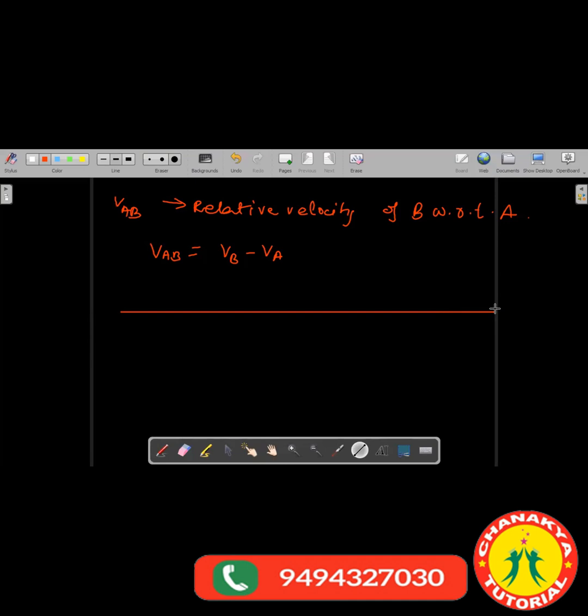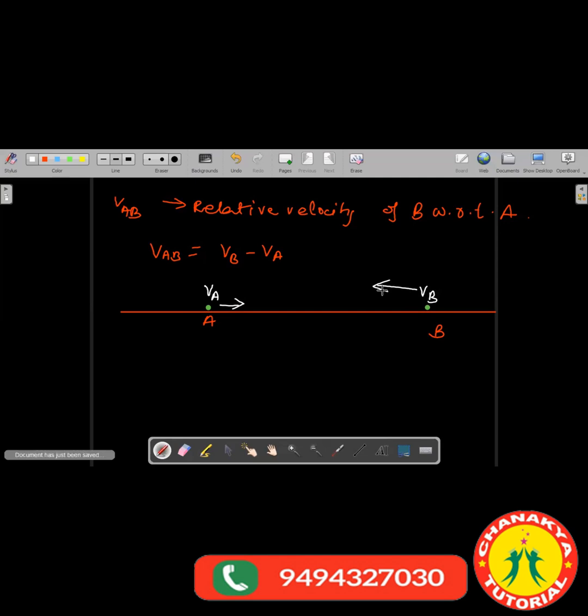Suppose on a straight road, you have two objects. Let's say you have the object A, which is moving towards the right, and you have another object B that is moving towards left. Let VA be the velocity of A with which it is moving in the right direction, and B be moving with the velocity VB in the left direction.